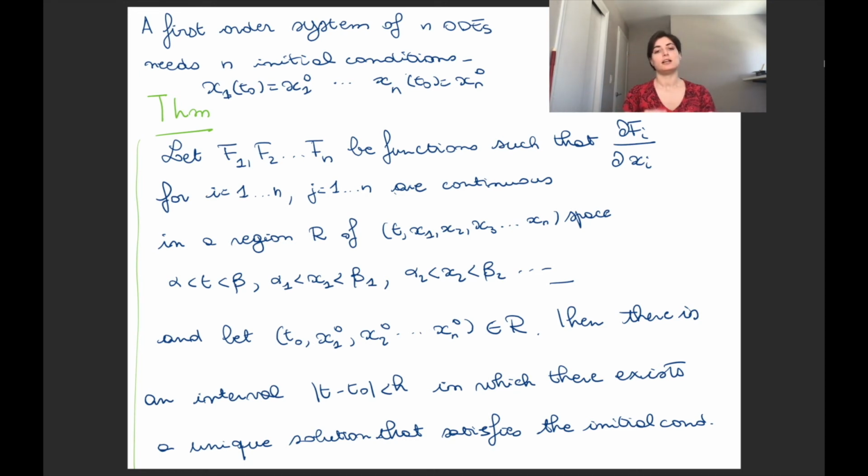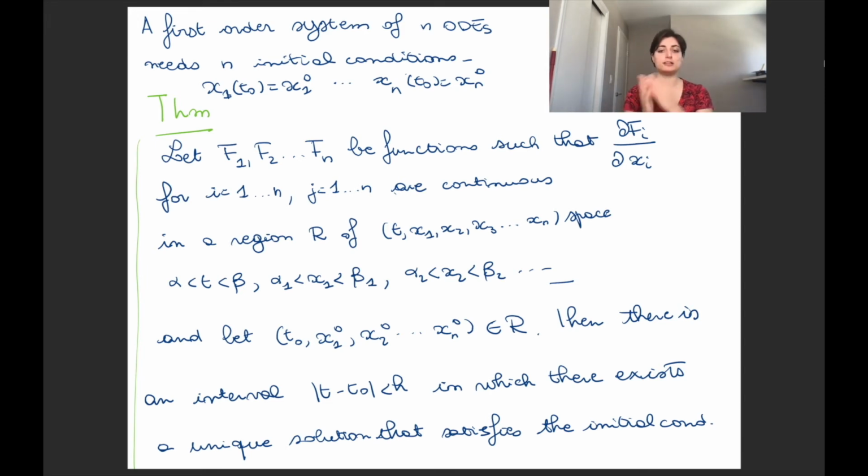Then, if we have continuity of f, if we have continuity of their derivatives, and if the initial condition is within the continuity region, then there is an interval for t going from t0 minus h to t0 plus h, in which there exists a unique solution.